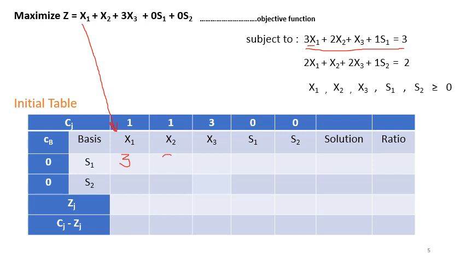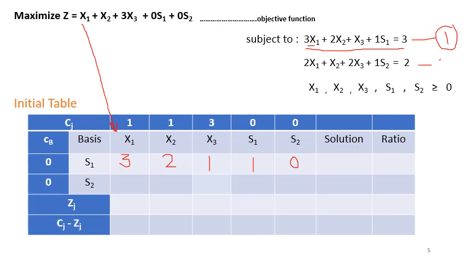The coefficient of x2 is 2, the coefficient of x3 is 1, and s1 has a coefficient of 1. s2 has a coefficient of 0 because s2 is not written there, but you can assume that even if s2 is there, its coefficient will be 0. That is why we have not indicated s2 in the first constraint. You can even write this equation as 3x1 plus 2x2 plus x3 plus 1s1 plus 0s2. You can represent s2 also, but with a coefficient of 0.